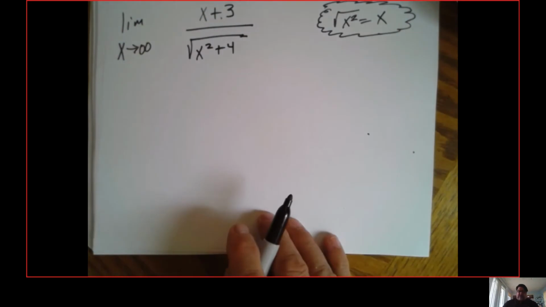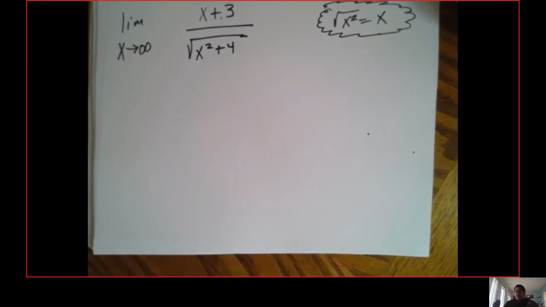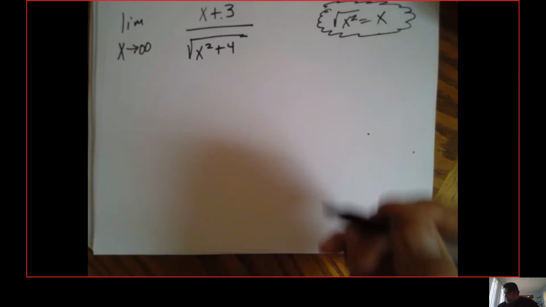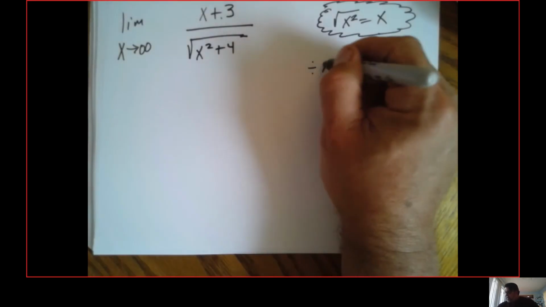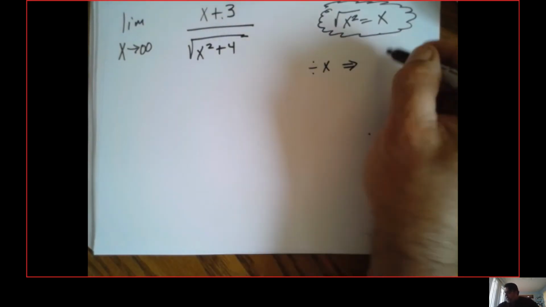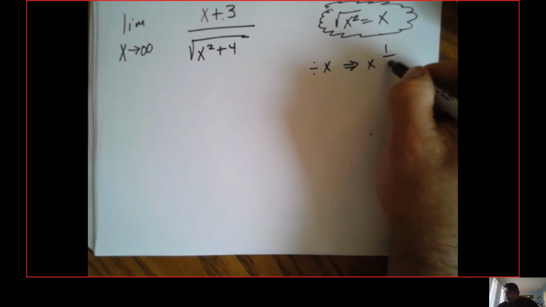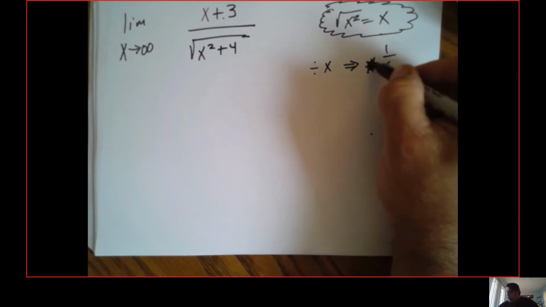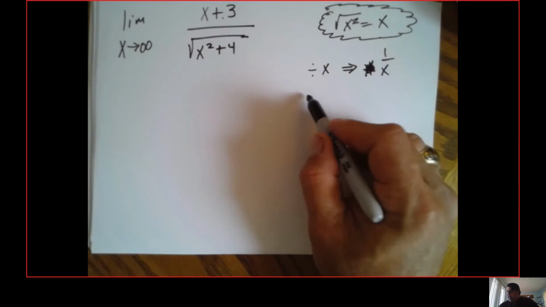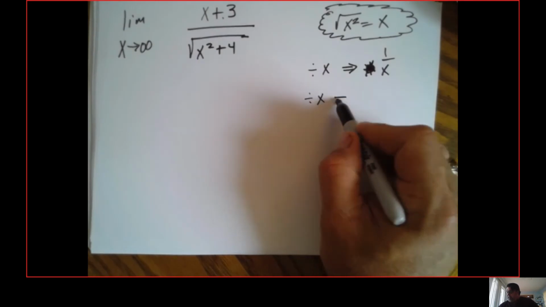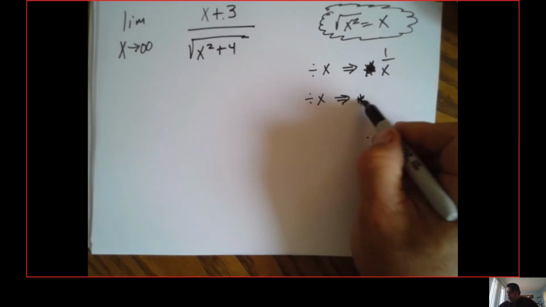So that means I need to divide or multiply. If I divide by x, dividing by x is the same thing as multiplying by 1 over x. That's the multiplication symbol. Let's use a star. Dividing by x is the same thing as multiplying by 1 over x.